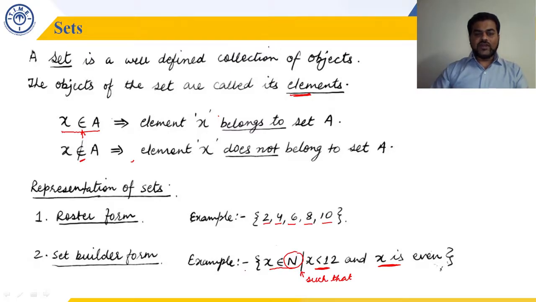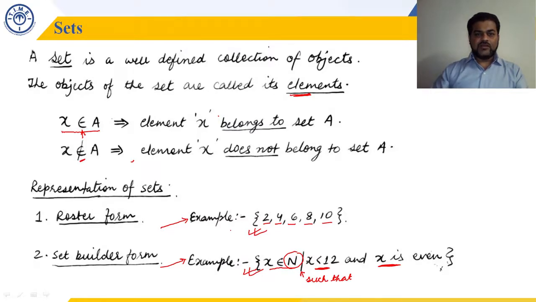So actually we are writing the same set as above, but in a different form. This form is known as set builder form, and this is known as roster form. I hope you are clear with the distinction: how to write in roster form, how to write in set builder form.